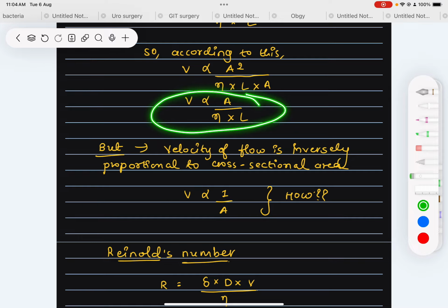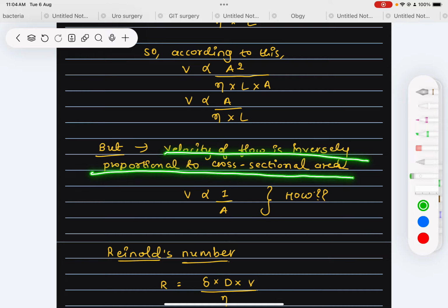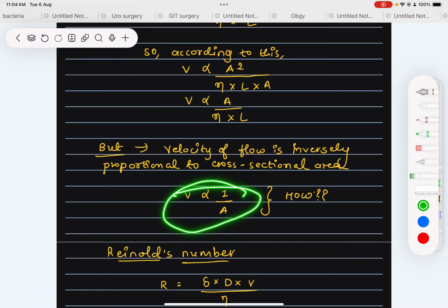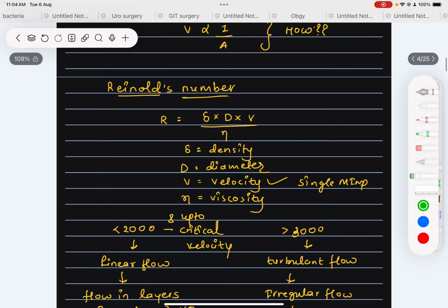So we got this equation that velocity is proportional to the radius to the fourth upon viscosity and length, but velocity of flow is inversely proportional to the cross sectional area. I am not able to understand how actually this is related. If you know, then you can explain to me. So this is one thing we have to remember.